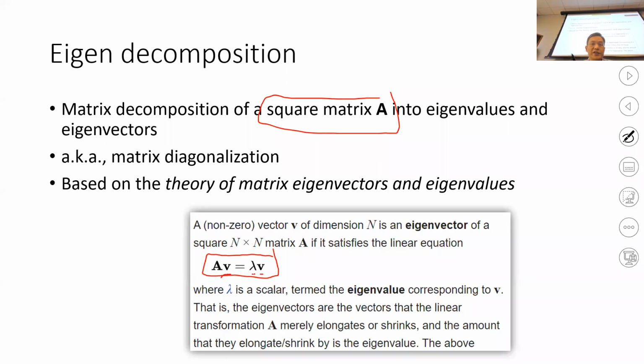You have this relationship. Now we are going to rearrange this to write A and put this to the right side, and then basically, if V is a value, then you can have 1 over V, lambda, V.